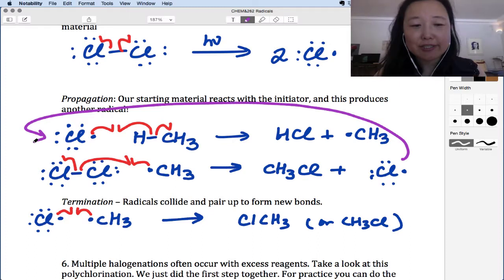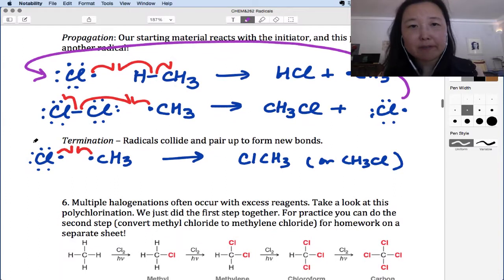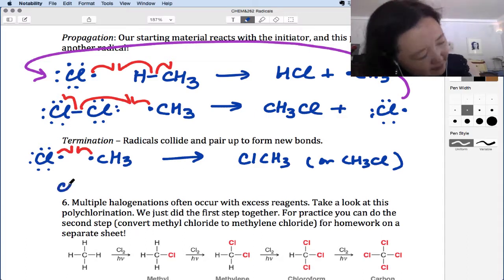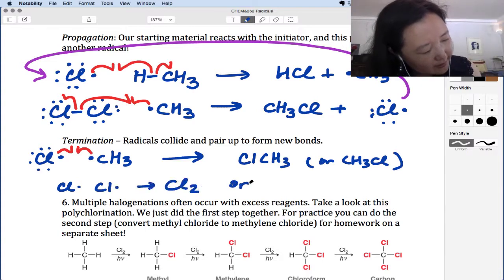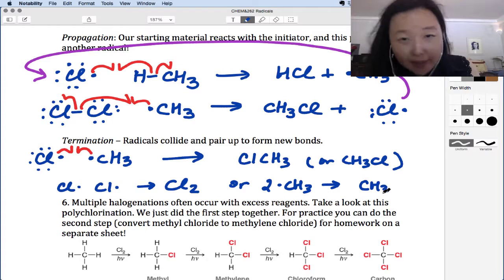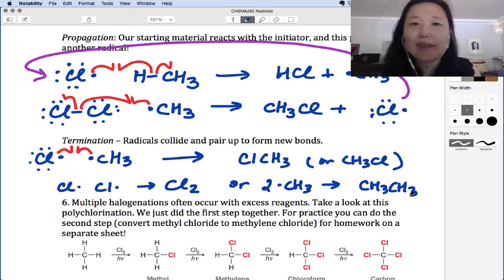In termination, sometimes there are multiple radicals floating around that can collide together to give you a mixture of products. We see that methyl radical and chlorine radical can get together, but there are other possibilities. Chlorine radical can get together with chlorine radical and make Cl2, or you could have CH3 radical get together with CH3 radical and make ethane, just maybe a small amount of ethane around.